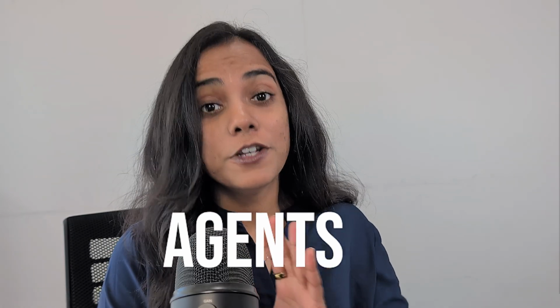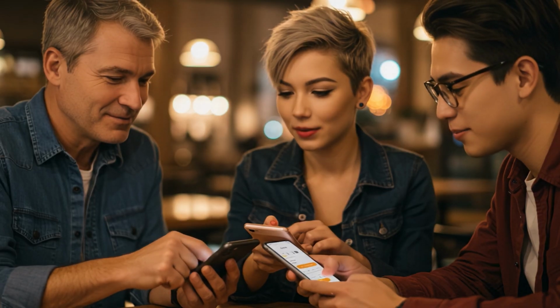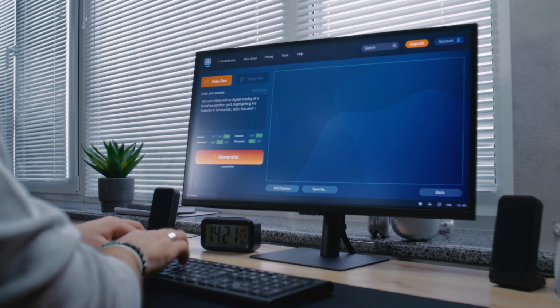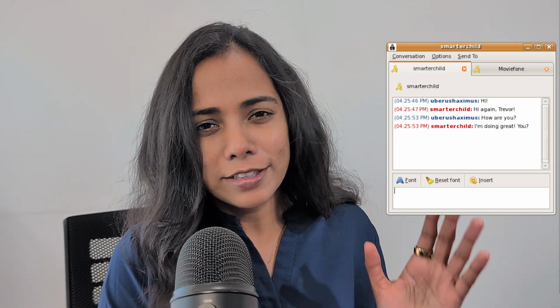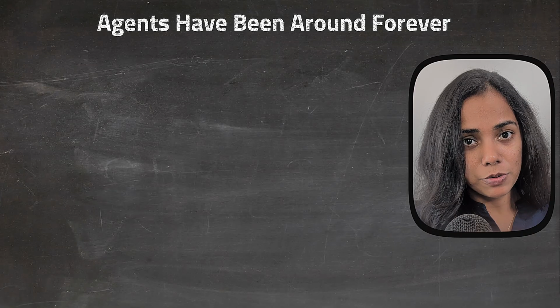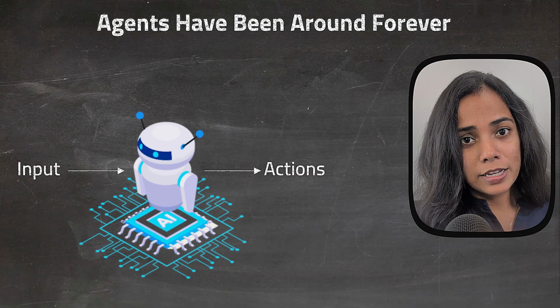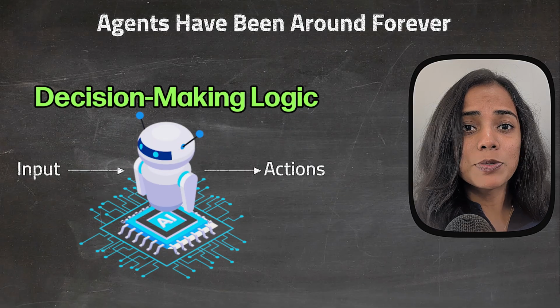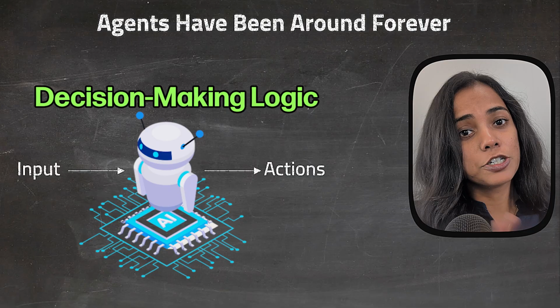Agents are not new. They have been around way before AI became trendy. Even the chatbot that painfully responded with "I don't understand" in the early 2000s, that's also an agent. So essentially, agents are just systems that map inputs into actions. And sometimes they have logic in between that helps them decide which action to take.